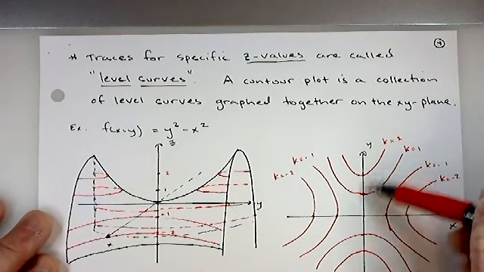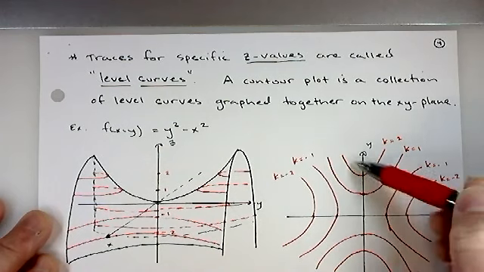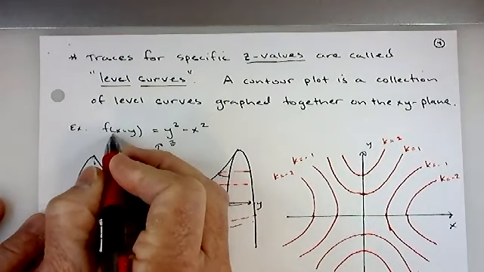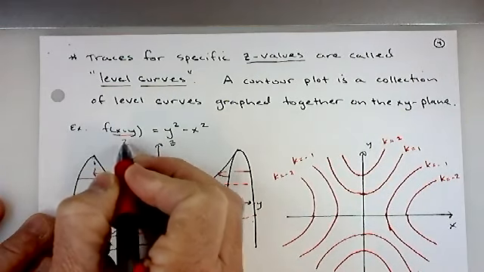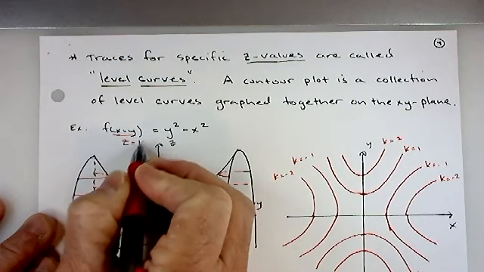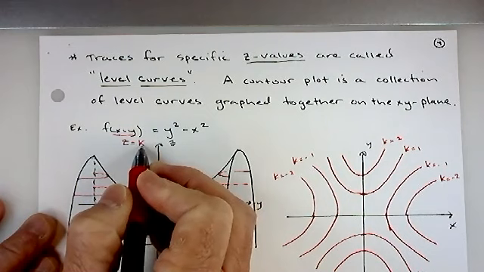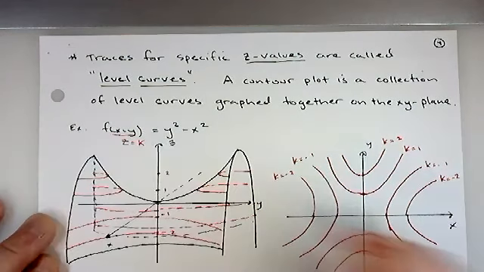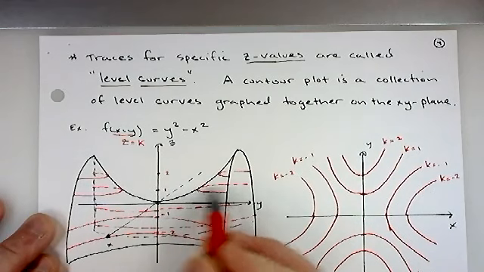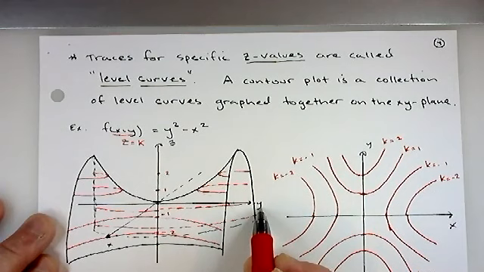And so this is called a contour plot. So there's your hyperbolas when k equals 1. Oh, by the way, when we do a level curve, a lot of times, you know how f of x, y, we've been calling that z, but they'll also sometimes substitute, our book uses k. K just means a specific z value. So when z equals 1, notice this hyperbola is curving around the y-axis.